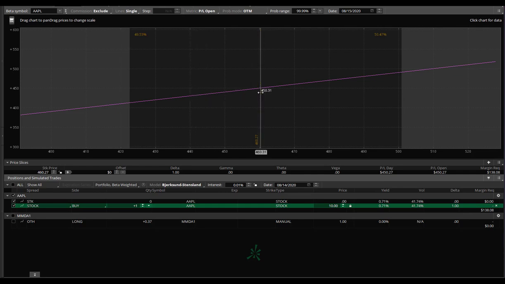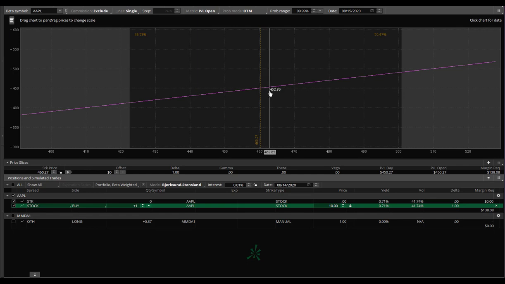If the price right now is $460.27, and you had 1 share of Apple that you bought at $10 a long time ago, and now it goes up to $470, your profit's going to be $460. If it goes up to $480, your profit's going to be $470, and so on and so on.